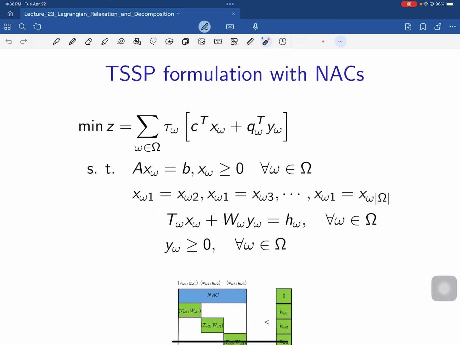Okay, so in the case of the newspaper problem, what is x representing? Initially x represents the number of newspapers you buy. But now you are duplicating x to say I create a variable, the number of newspapers I buy for different scenarios. Let's say the demand is from 100 to 200.